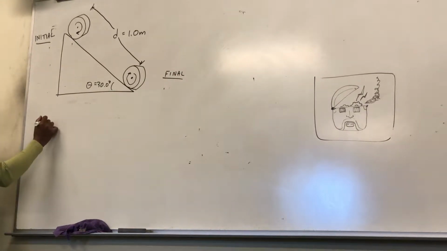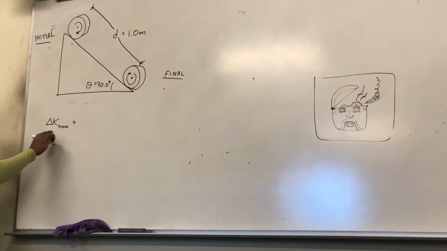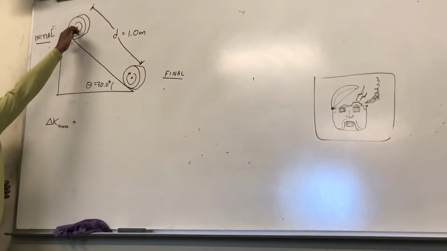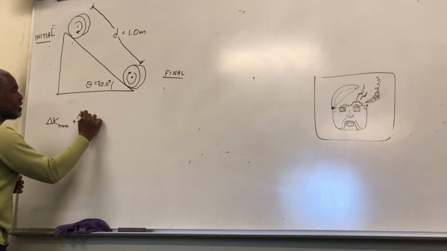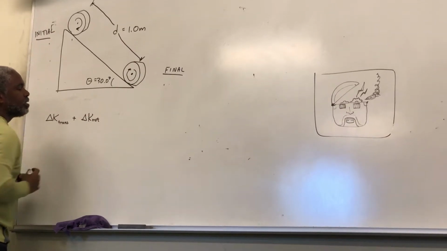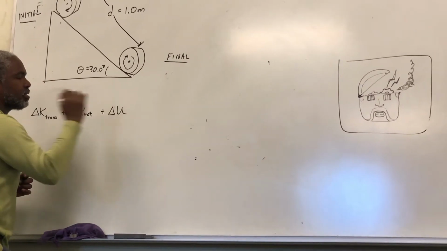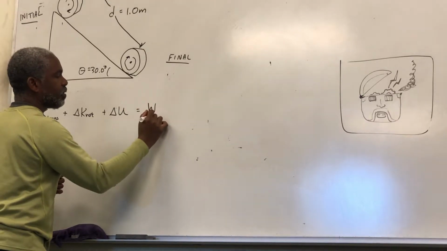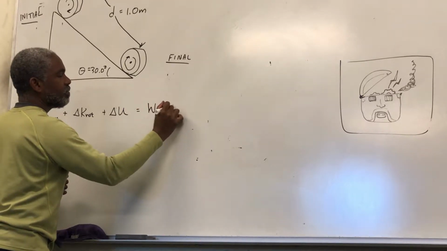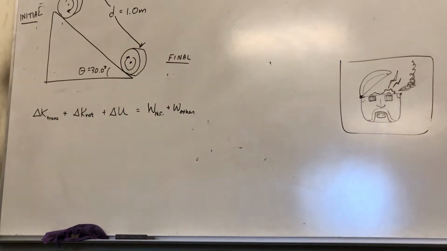The conservation of energy equation says when you add up all of the kinetic energies, which is translational, the kinetic energy of the center of mass, plus rotational, and when you add up all of the potential energies, the result must equal the work done by non-conservative forces or the work done by other forces.